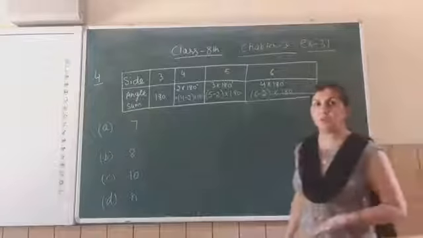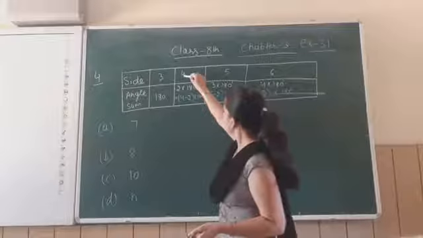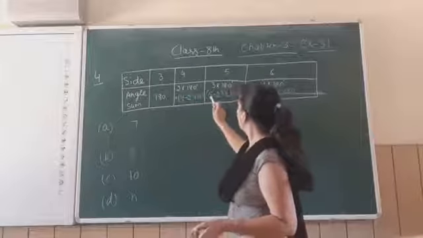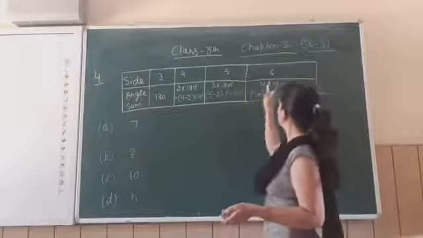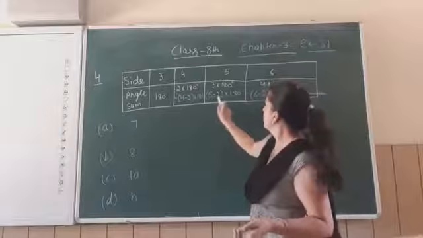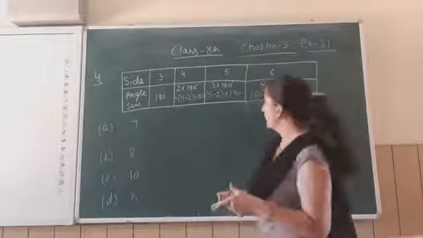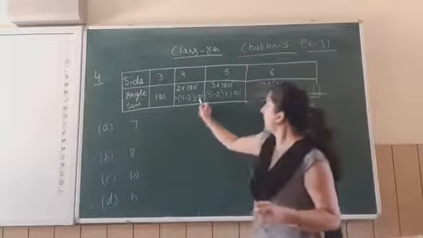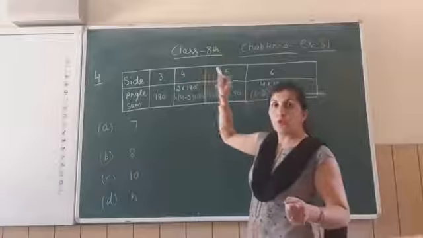So what is the relation you have found in this? We say that in every case, if we take the number of sides 4, 5, 6, we subtract 2 in each case. From the number of sides, 2 is subtracted and when it is multiplied by 180, we get the angle sum. So what is the rule?